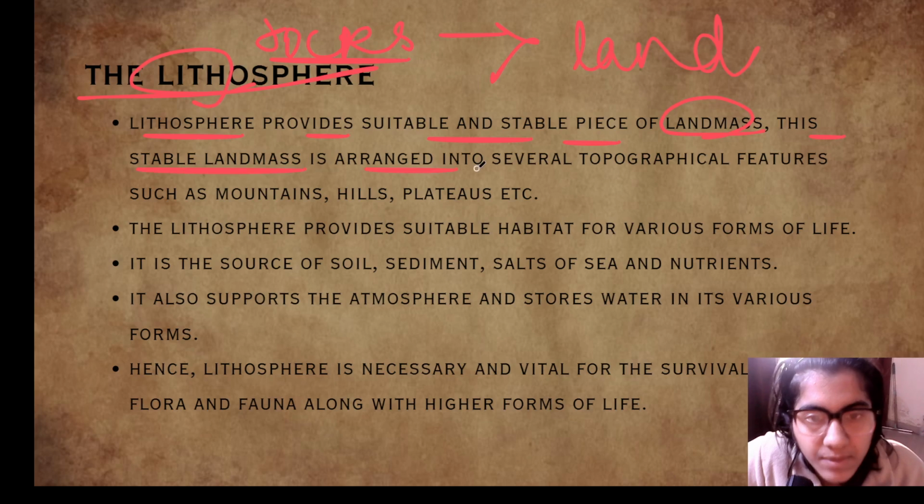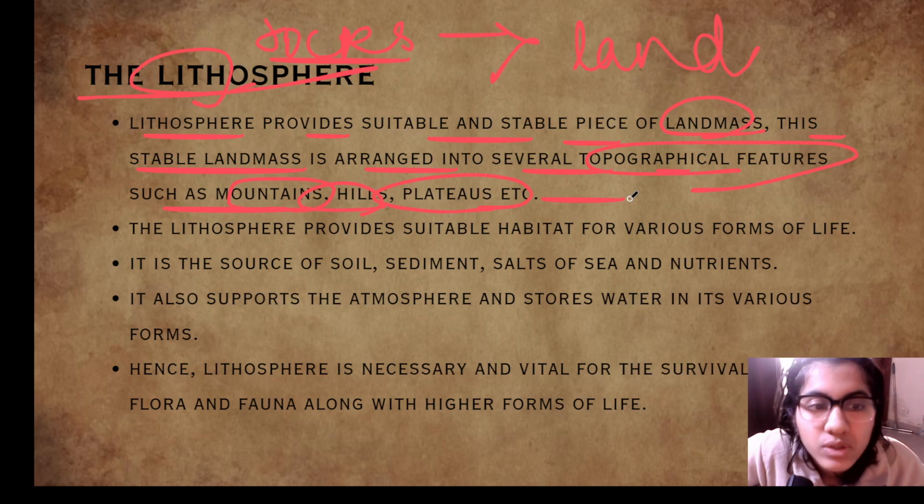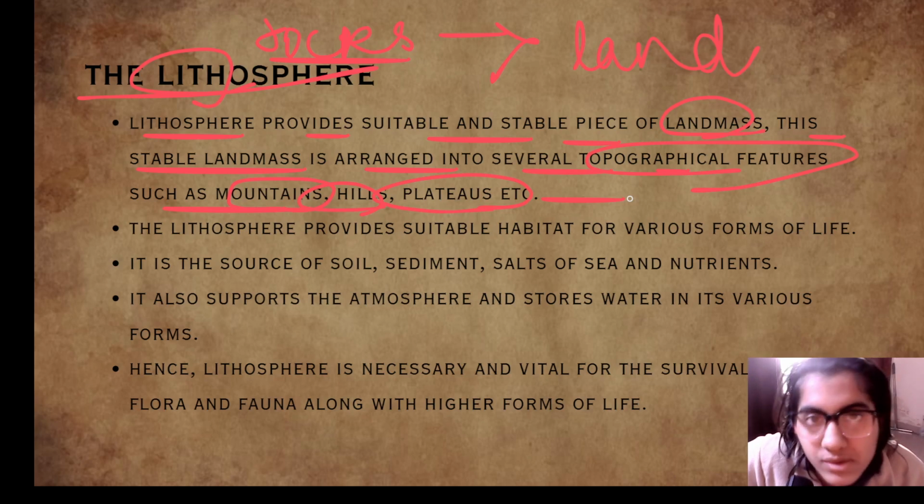This stable landmass is arranged into several topographical features such as mountains, hills, plateaus, etc. These are all included in the lithosphere, that is, the landmass.